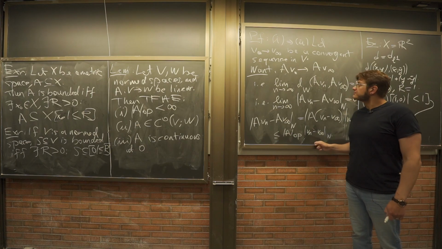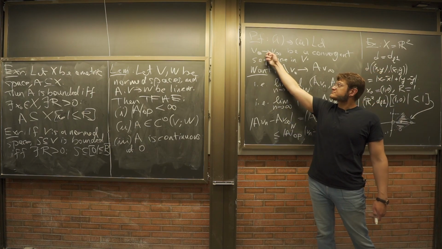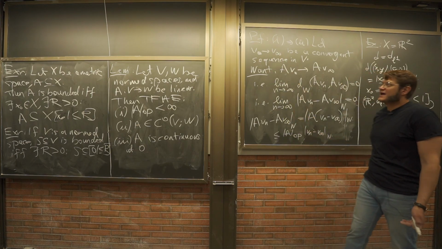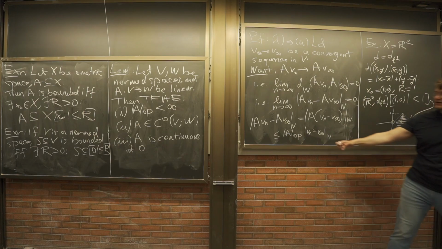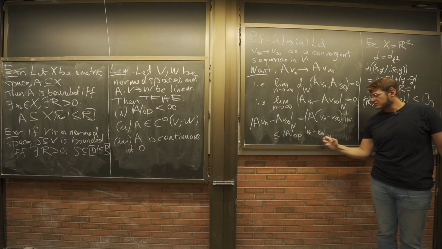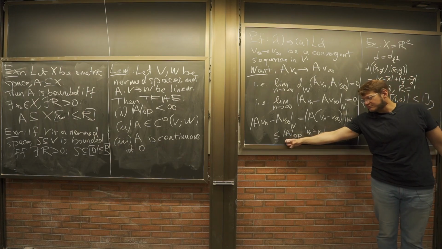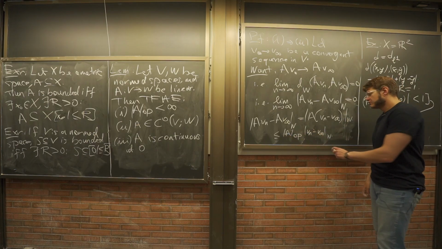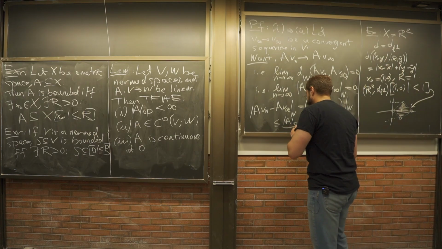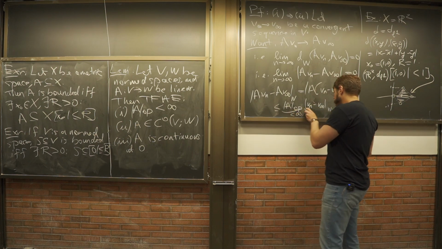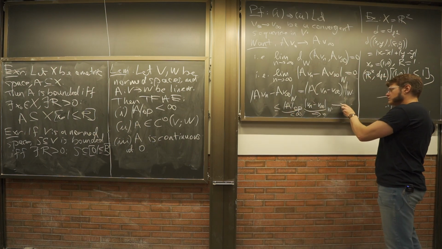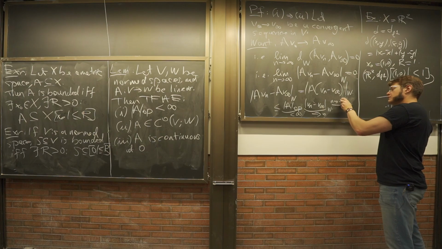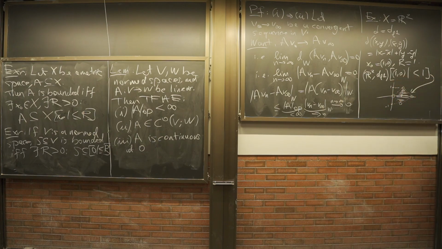Right? So this guy, Vn converging to V infinity, is the same thing as saying that this number goes to 0. This is a finite number. Finite number times something that goes to 0 goes to 0. Okay? So I have convergence.